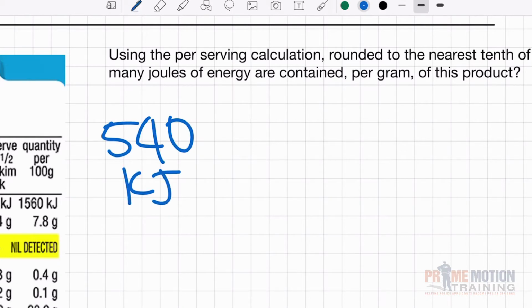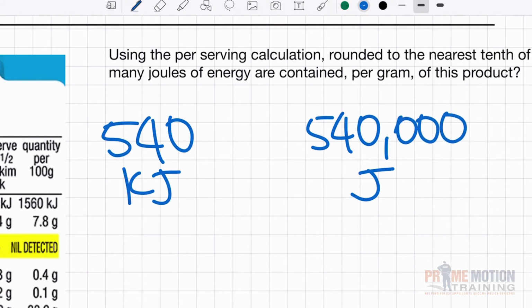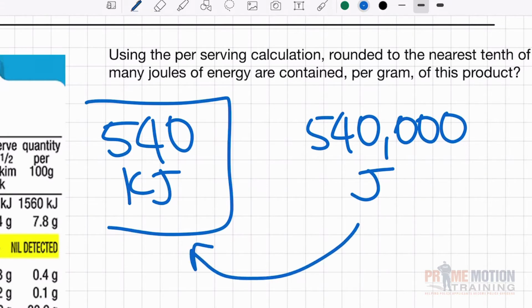Now, kilojoules, kilo, 1,000. If we look at joules over here, we would need to take our kilojoules and add 1,000, if you like, or 3 zeros. If you think 1,000, you might remember 3 zeros. So if we did it back the other way, if you couldn't see this, and we started with 540,000 joules, and we wanted to convert that to kilojoules, then we could just remove this number off the end and end up with 540 kilojoules.